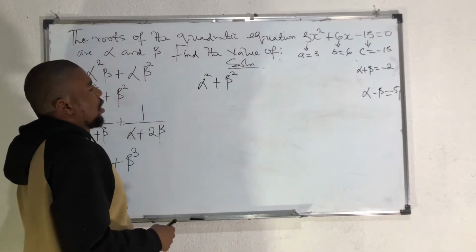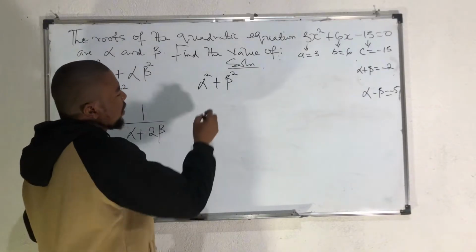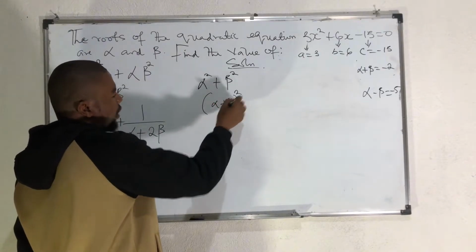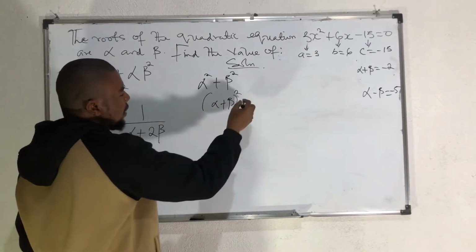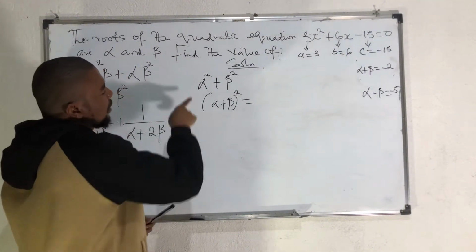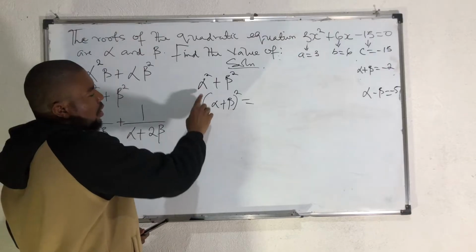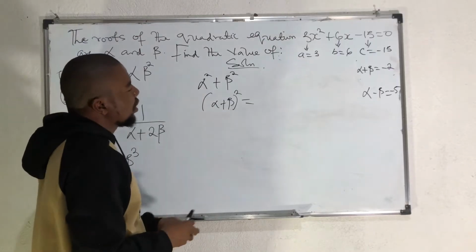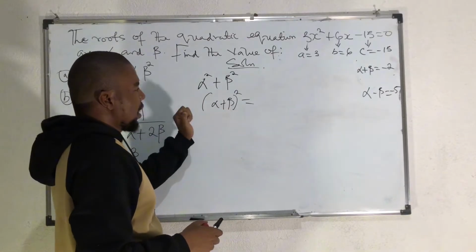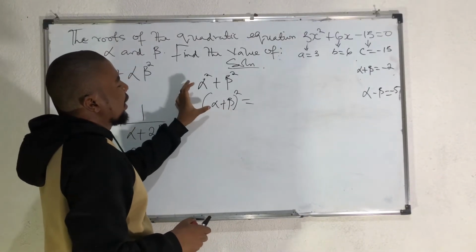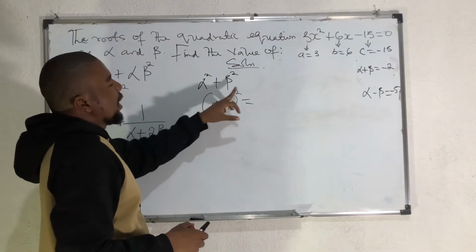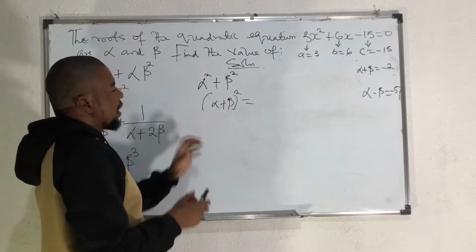Well, I know that if I do this, alpha plus beta all squared, something like this, and expand it, I am going to get this thing back. Okay? If I expand this, I'm going to get this. And if I get this, I'll make it the subject of the formula. And it's not going to be equal to something. This actually means I'm going to derive a formula for this. But I cannot just work with it as it is here. I have to expand this.